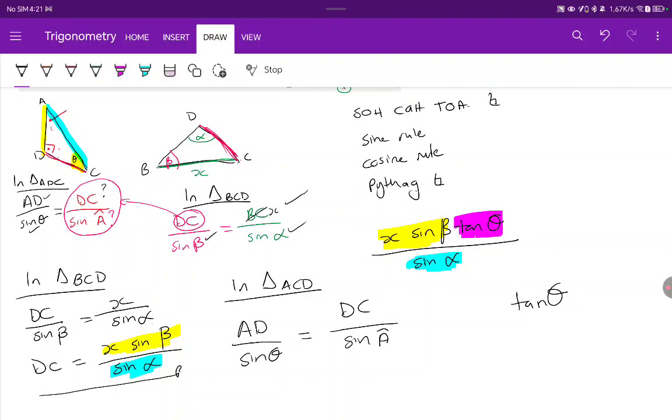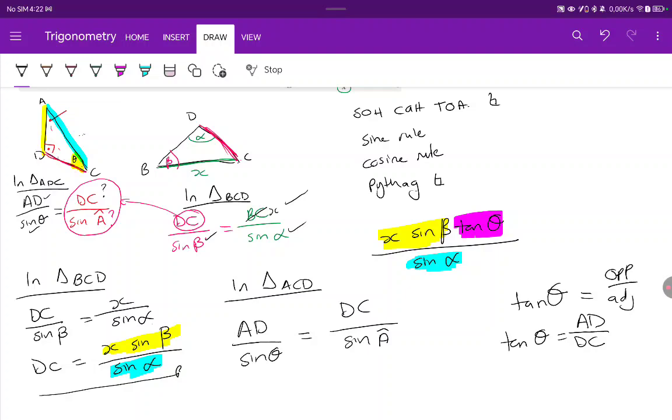Tangent, according to SOHCAHTOA, is opposite over adjacent. So if I'm looking at tan of theta in this triangle ADC, opposite is AD and adjacent is DC. Okay, that's beautiful. Tan of theta is AD over DC.